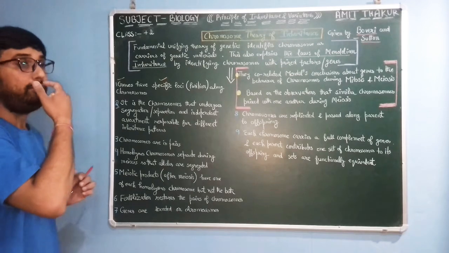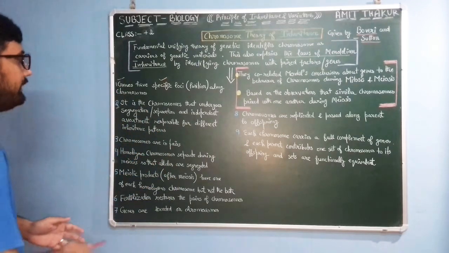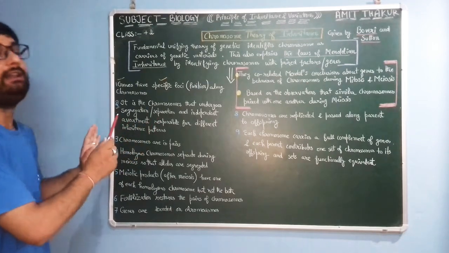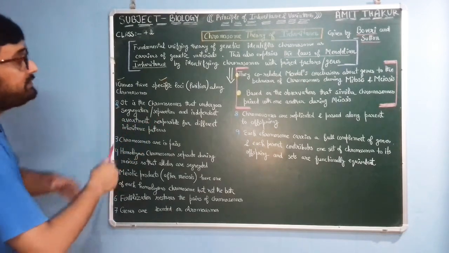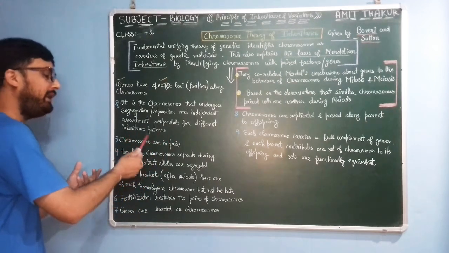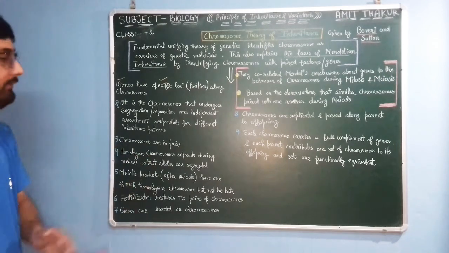And during fertilization, as I said, chromosomes undergo segregation and independent assortment, which are responsible for different inheritance patterns, meaning changes and variations.